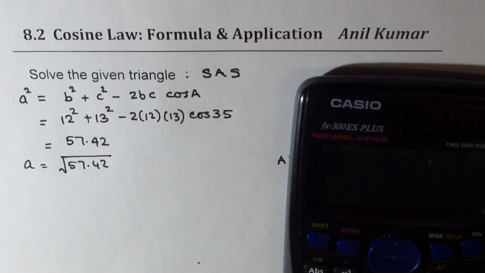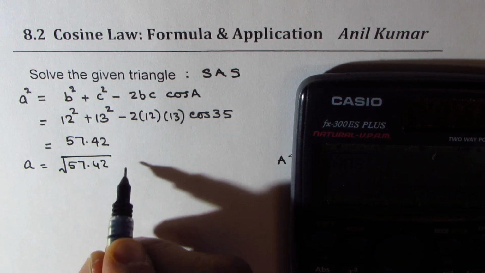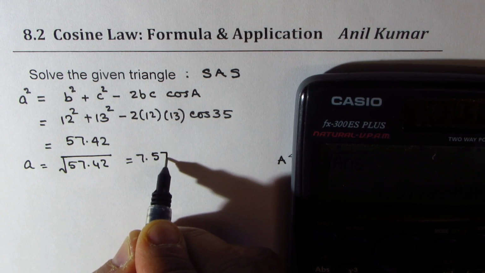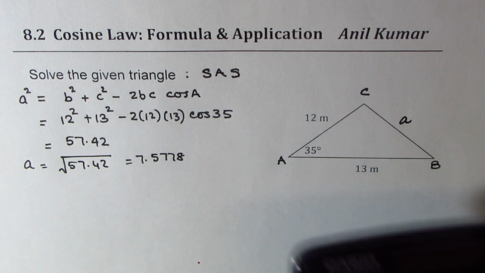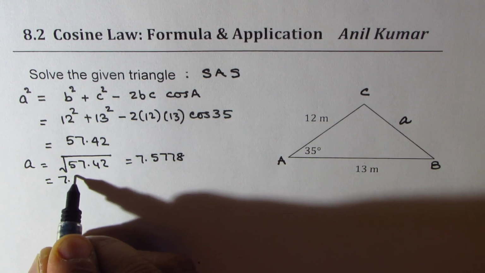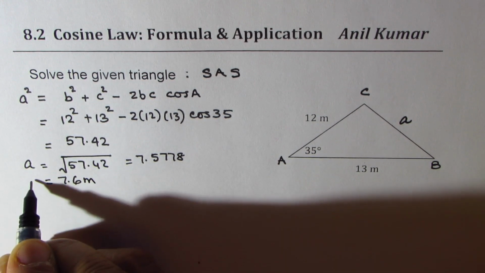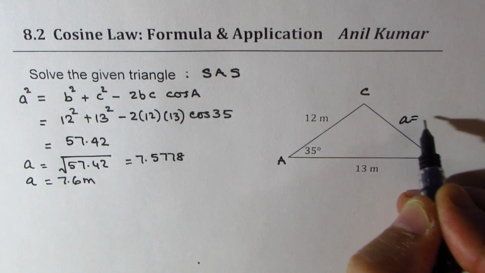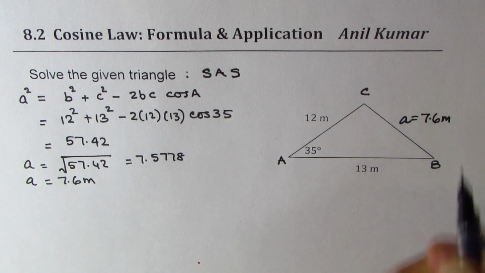The square root of our answer is equal to 7.5778. Okay, so we can round this to, let us say, 7.6 meters. So we have the side a as equal to 7.6 meters.